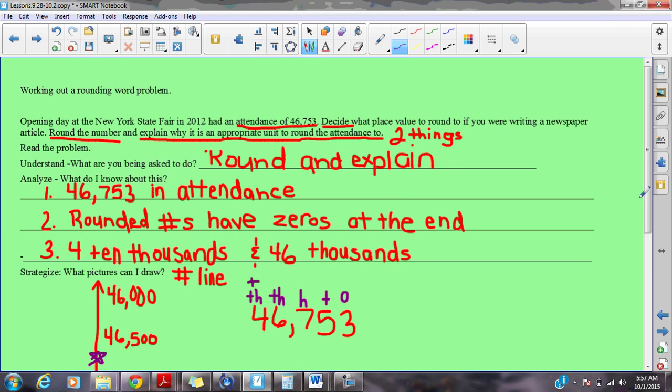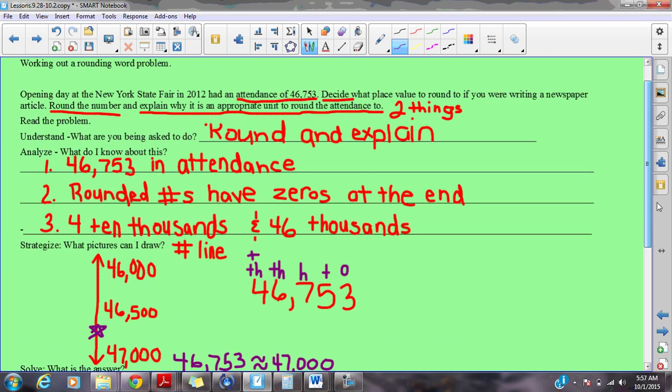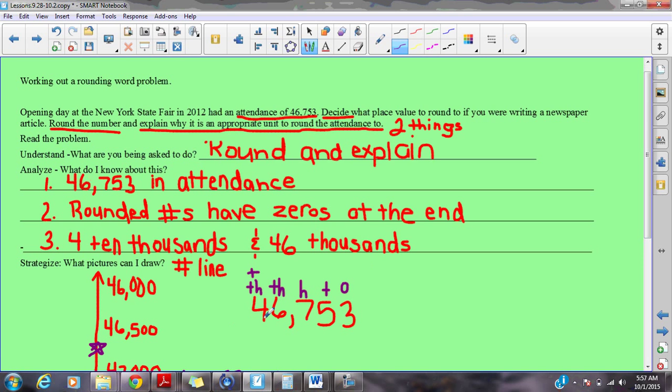So I've made the number and I've put the place value chart there. That tells me that I have 46,753. And now I can clearly see that I really do have 46 thousands when I rename it. Okay?